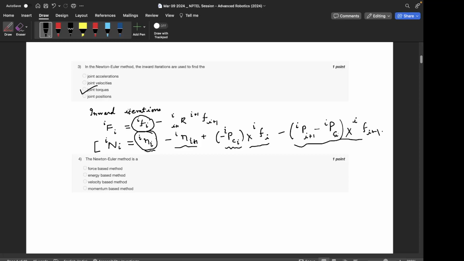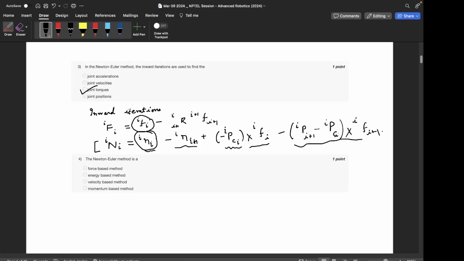Yeah, the confusion might be on two levels. One might be due to the notations, which I think are consistent with what we discussed that week, so I would worry less about that part, because if it is a confusion about notations, we can always go back and resolve it. But let's try to understand what happens physically. These links are connected together, and in that case we are applying a force on the end effector.